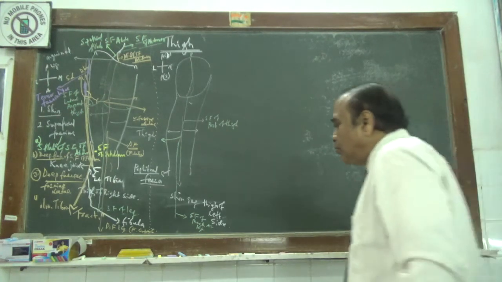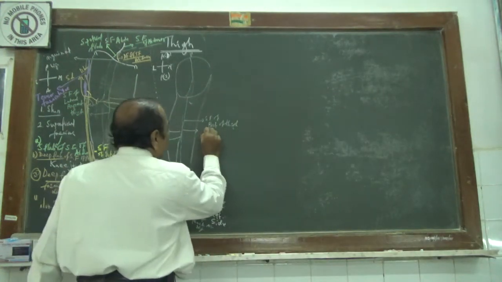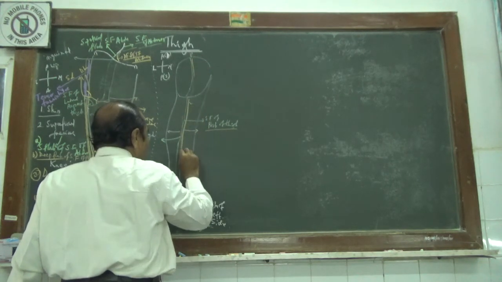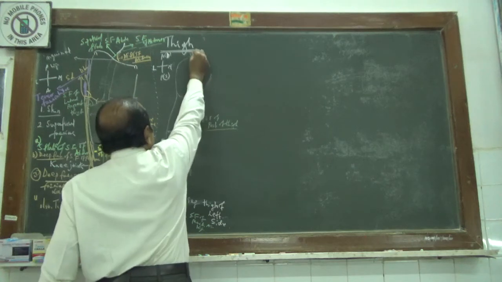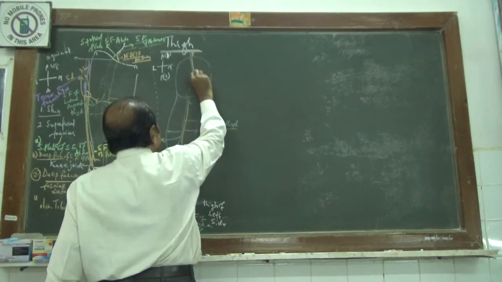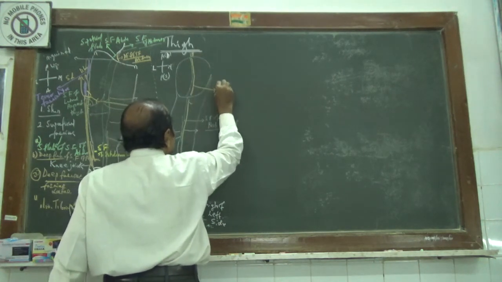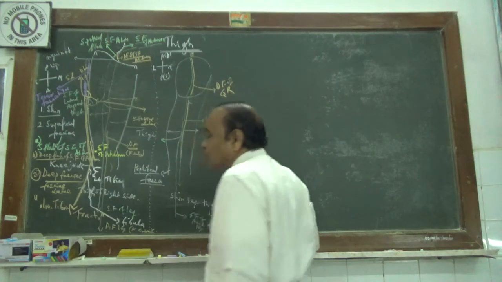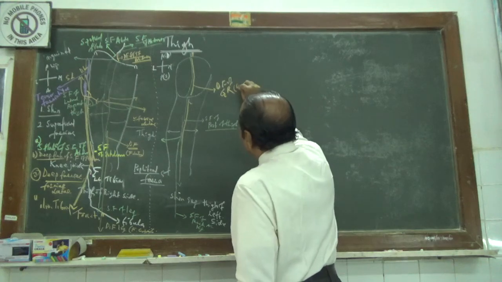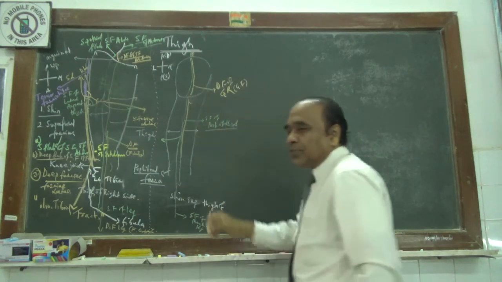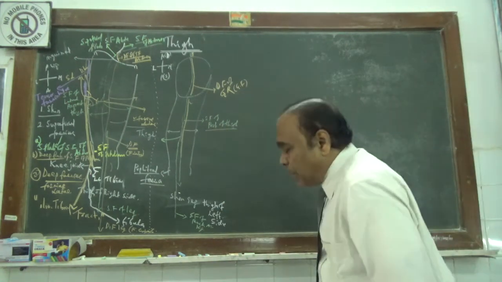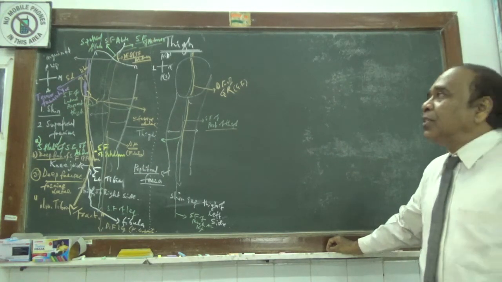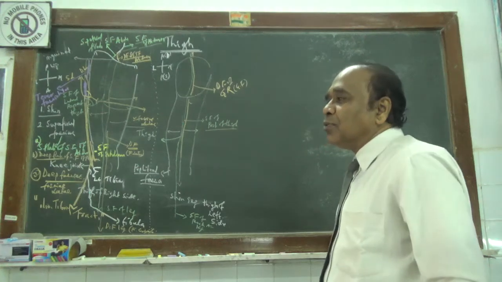Now the deep fascia of the back of the thigh. It is continuing from the deep fascia of the waist and the deep fascia of the gluteal region, which is called the gluteal fascia. So above it is continuing from the back, the deep fascia of the waist and the gluteal fascia.